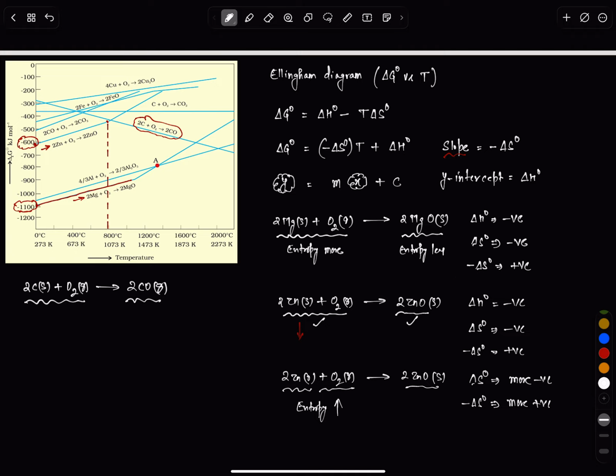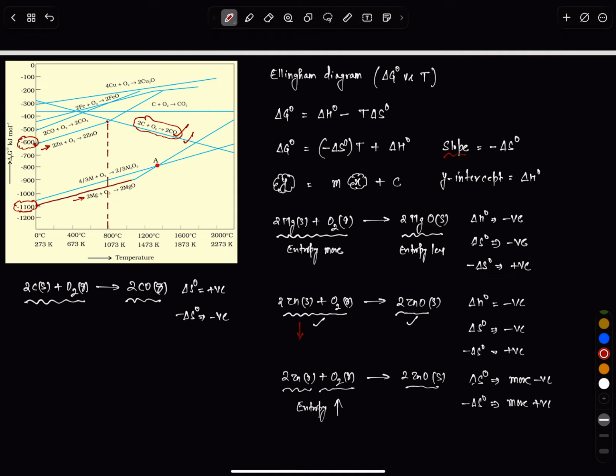So the number of gaseous molecules is increasing, so the product side entropy will be more, and in reactant side entropy will be less. So here delta S naught will be positive. In turn, minus delta S naught will be negative, and the slope for this particular reaction is negative, which is quite visible, right, in the Ellingham diagram.